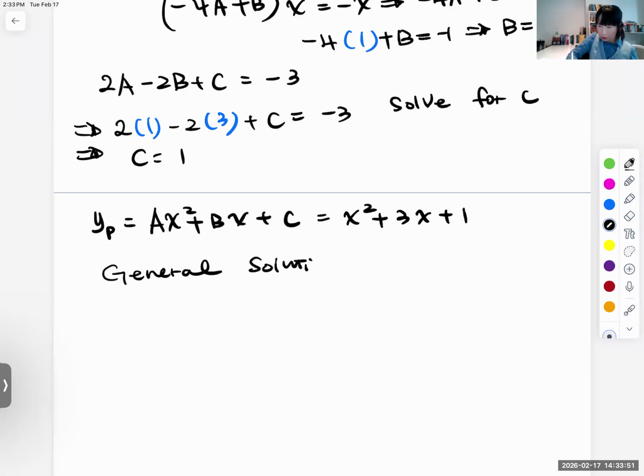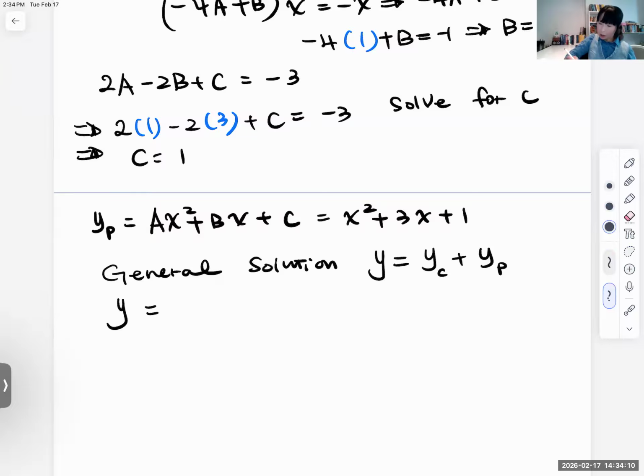Earlier there was no space, I couldn't write it out. So for the general solution, we are using y equal to the complementary solution plus the particular solution, right?